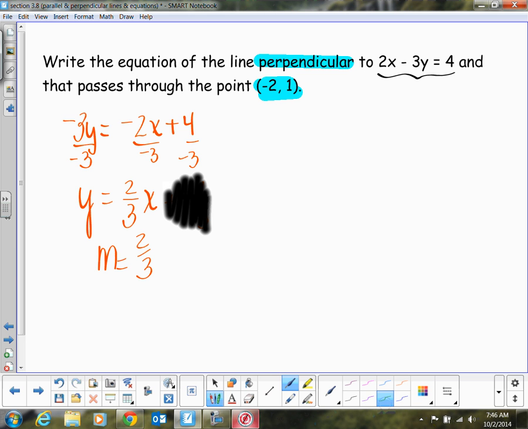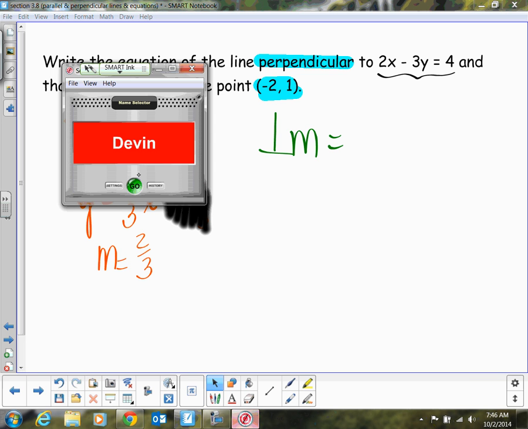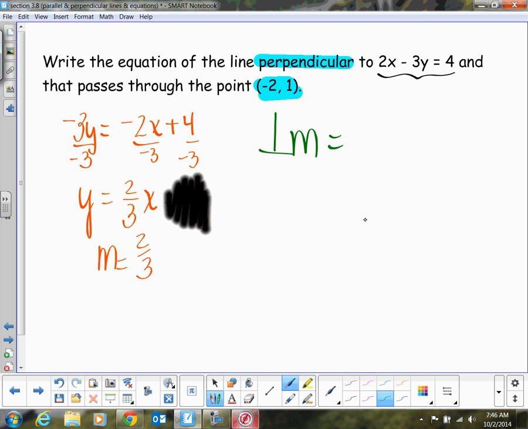All right. What we want for our equation is the perpendicular slope. So if that slope is 2/3, what is my perpendicular slope, Bree? What does your foldable say for perpendicular lines? Okay, so it'll be negative.